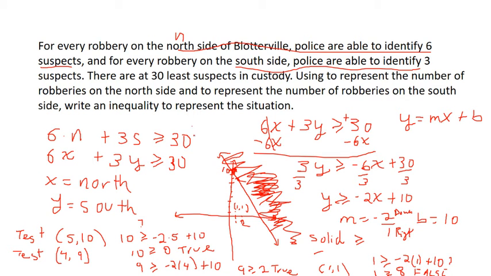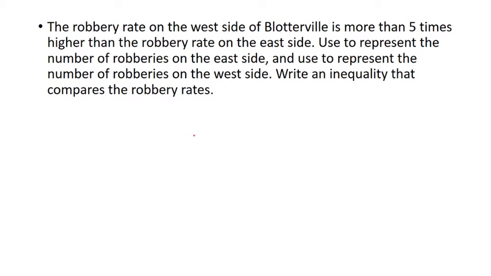Let's move on to the next problem. The robbery rate on the west side is more than 5 times higher than the robbery rate on the east side. We have to write an inequality that compares the robbery rates. So it says the robbery on the west side is more than 5 times.